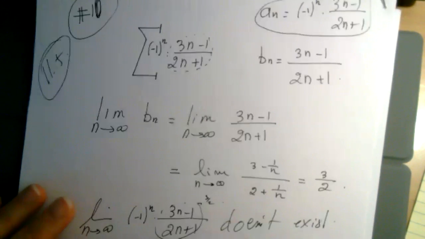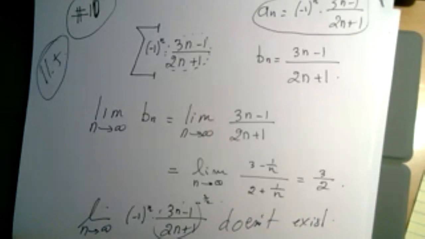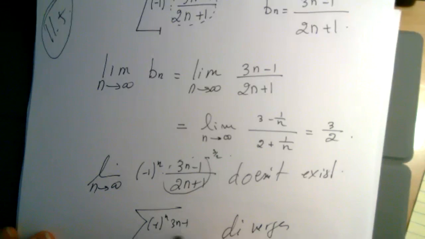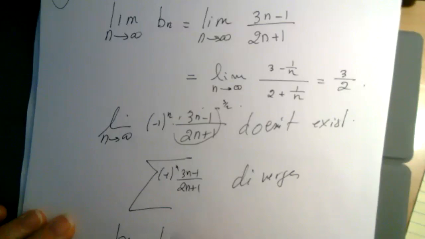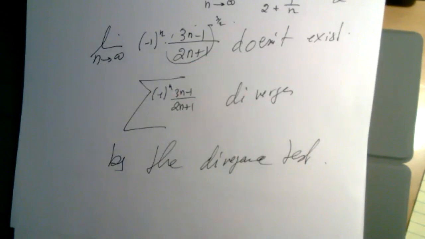So my series diverges by the divergence test. This sum diverges by the divergence test. That we can conclude. The terms really blow up.